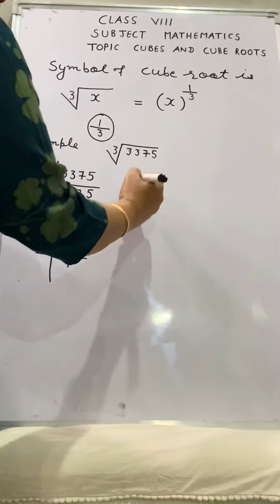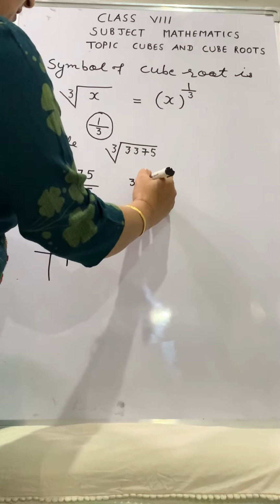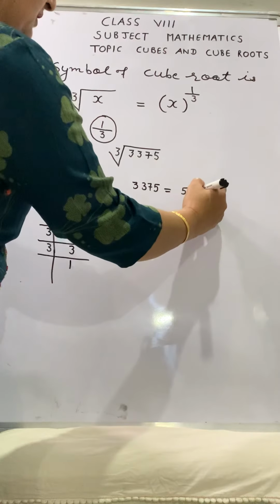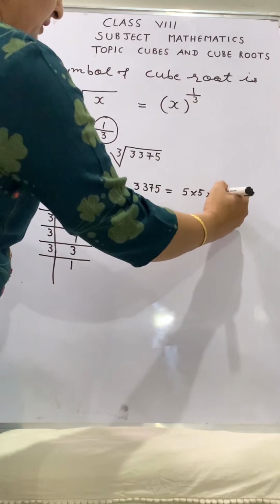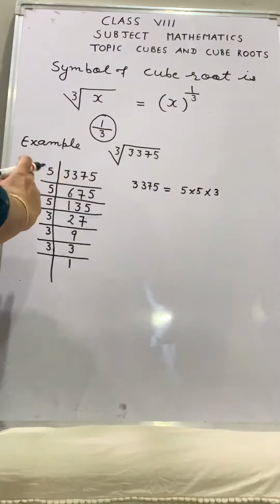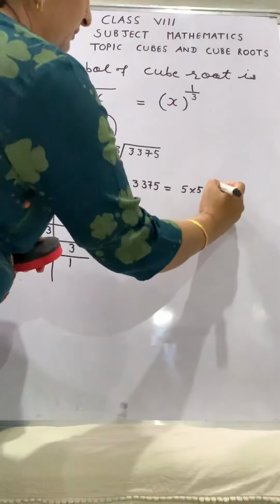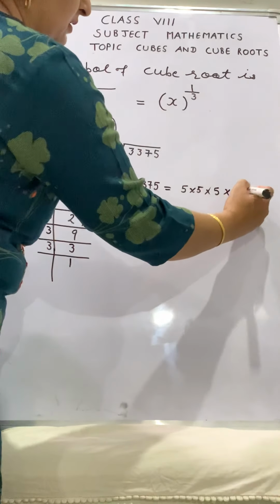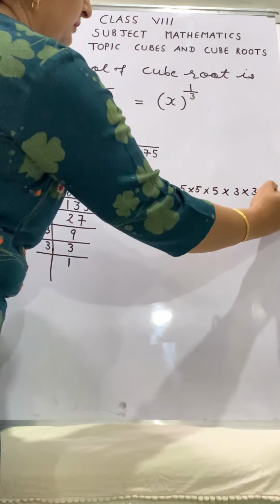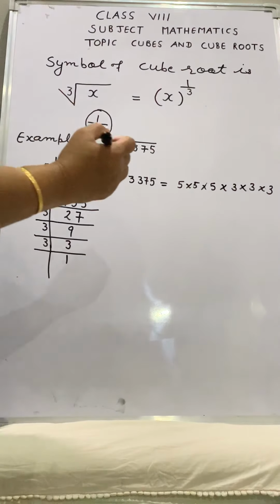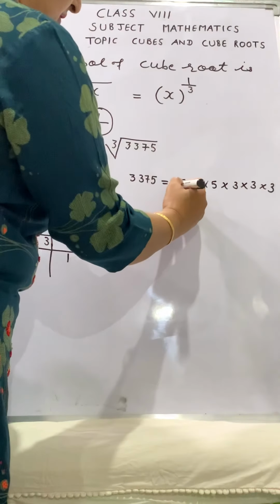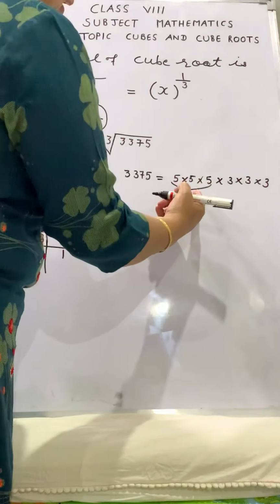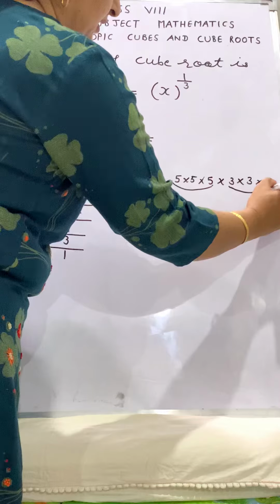How do we write it here? 3375 is equal to 5 three times, and 3 is also three times. Make triplets of equal digits: 1 triplet of 5, 1 triplet of 3.